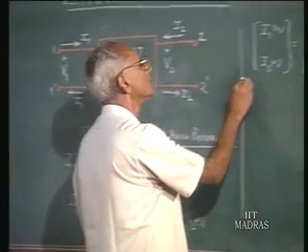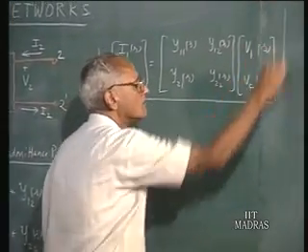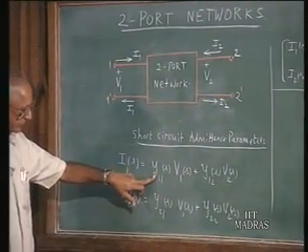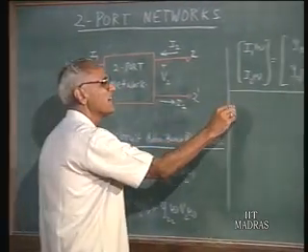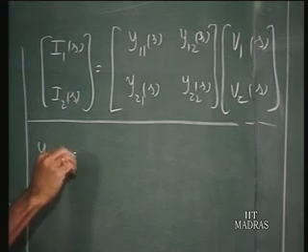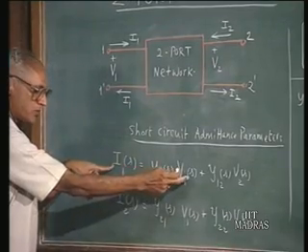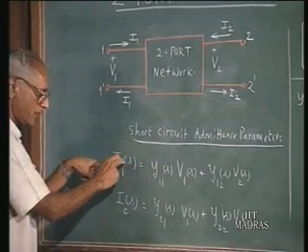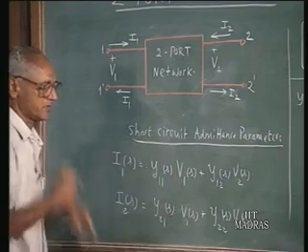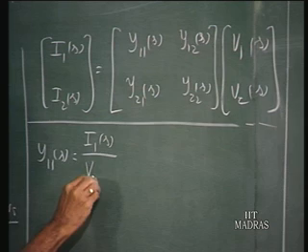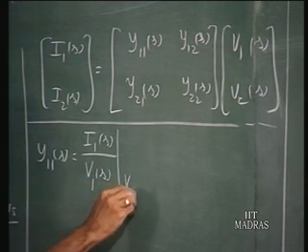You observe that if I want to find out what Y11 of S is, I have to write Y11 of S is the ratio of I1 of S to V1 of S when V2 is 0. Suppose I force V2 to 0 by short circuiting these two terminals and measure the current I1 of S in response to an excitation V1 of S, the ratio of I1 of S to V1 of S is Y11 of S. Therefore, Y11 of S is written as I1 of S by V1 of S when V2 is 0.